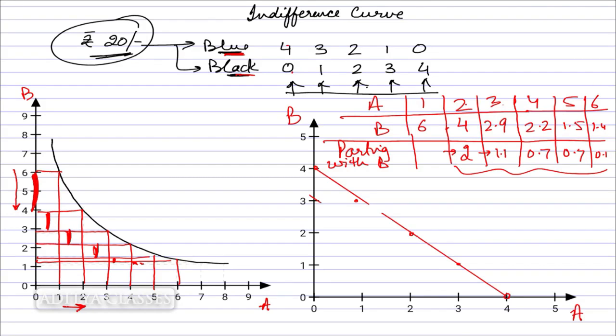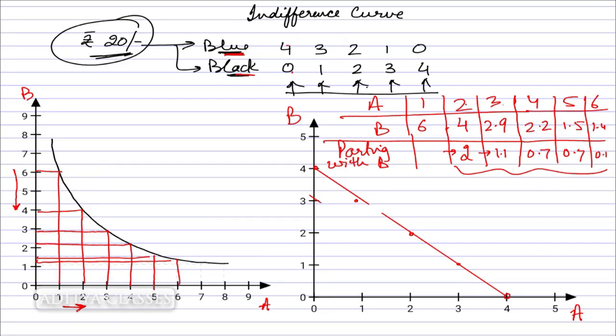So I believe that this convex curve explains the indifference curve better than this linear curve, right? So from here on, for indifference curve, we will not be making a linear curve. Rather, we'll be making use of a convex curve, because this convex curve seems to be giving me a better explanation of indifference curve.